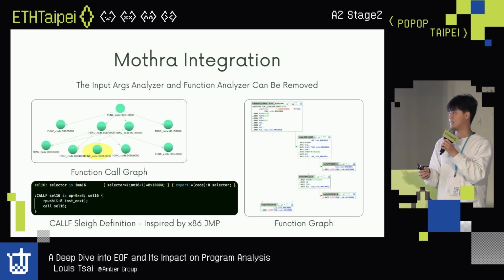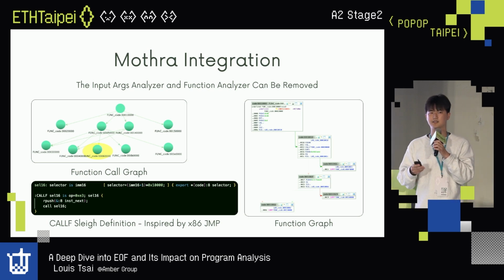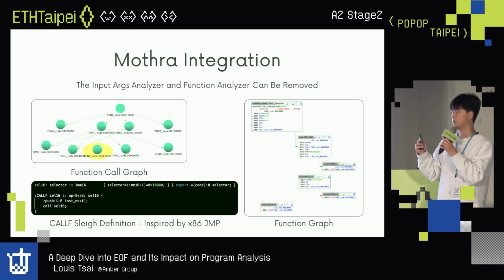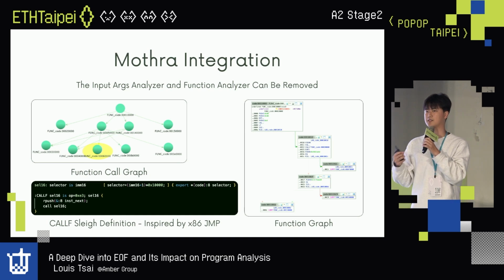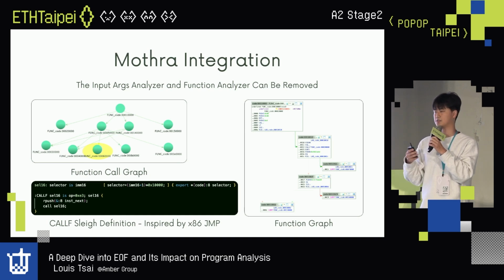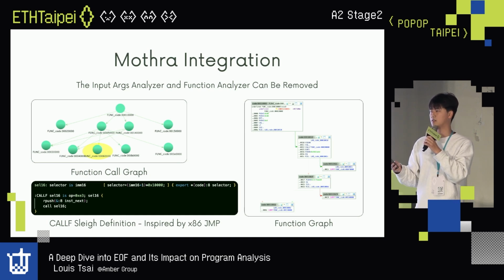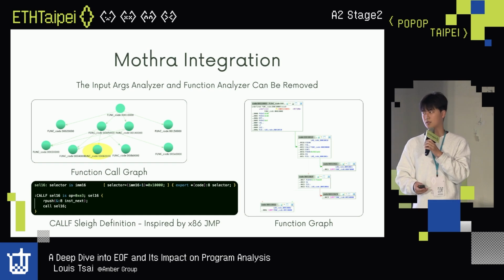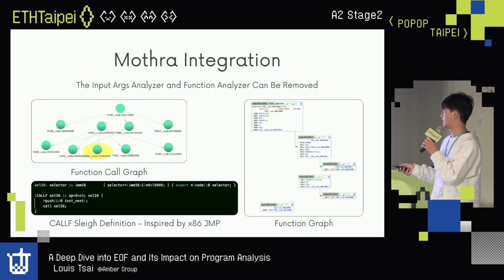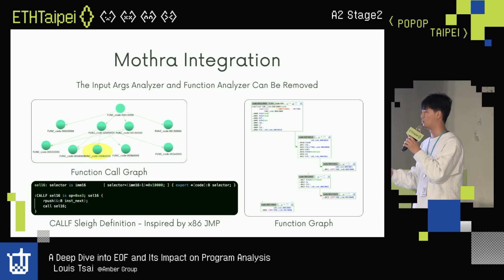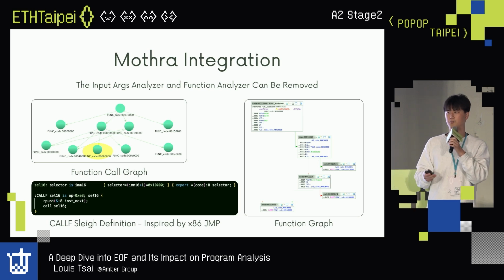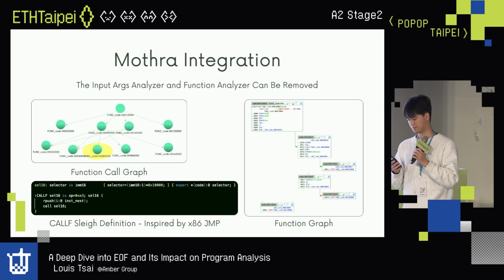This is also impossible in a legacy EVM contract because we need to tackle different patterns and there is no specific layout in the bytecode sequence. But with EOF, everything becomes easier and possible, and we could develop even more powerful analyzers for the bytecode.